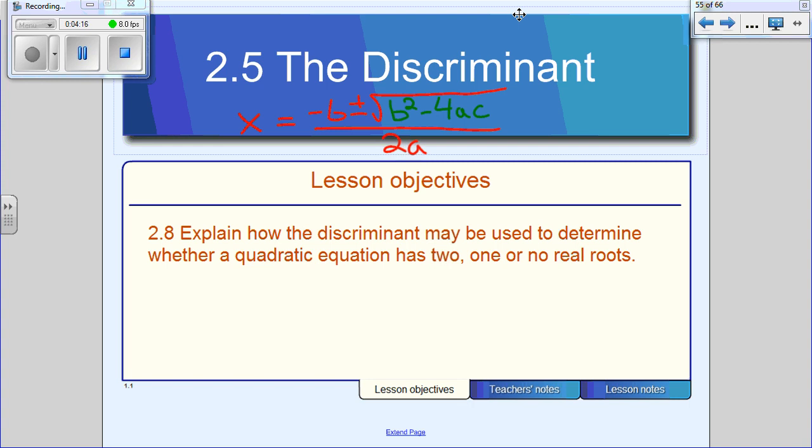So how many solutions would there be? There'd be 2. Anytime there's a positive number under the root sign, you're going to have this plus whatever it was, this minus whatever it was, and it'll give you 2 solutions. So if my discriminant was 2,000, there would be 2 x-intercepts.